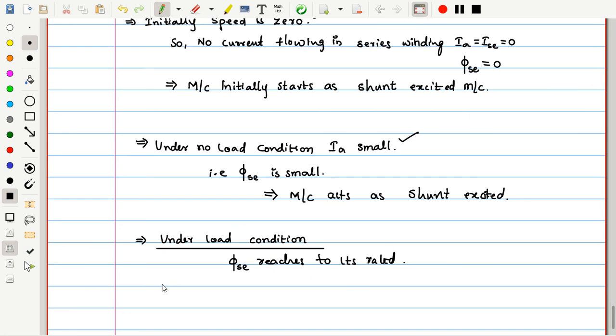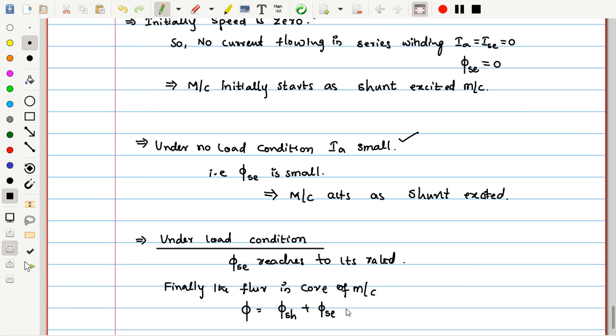Now finally, the flux in the core of the machine, the total flux will be phi SH, which was already produced, plus phi SE, the series field flux.